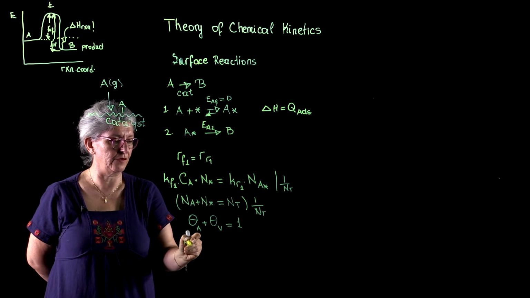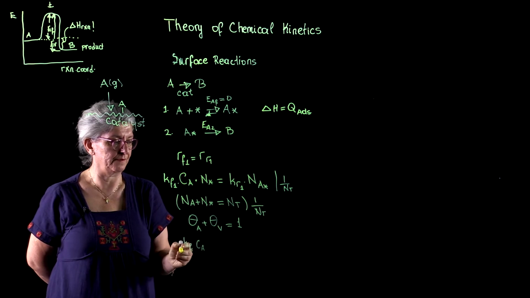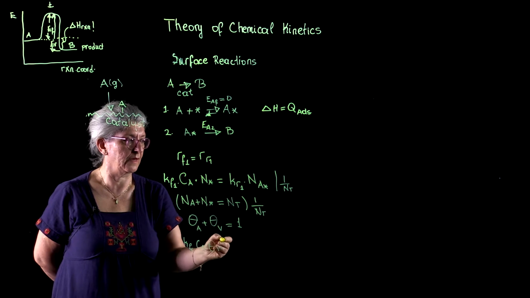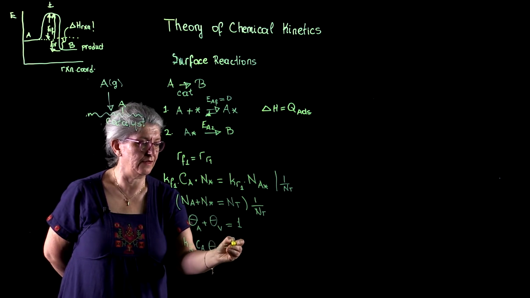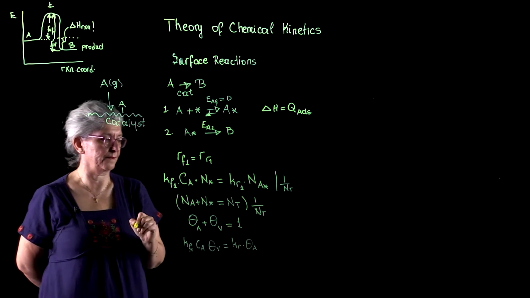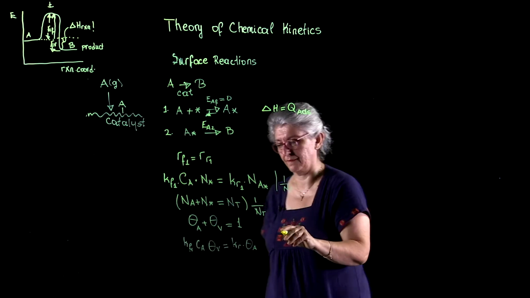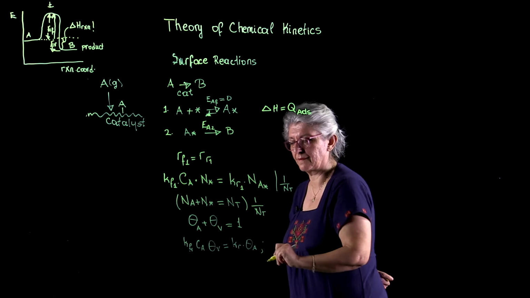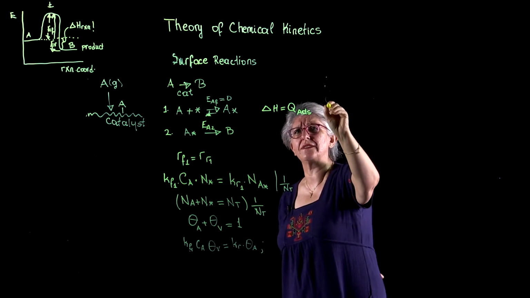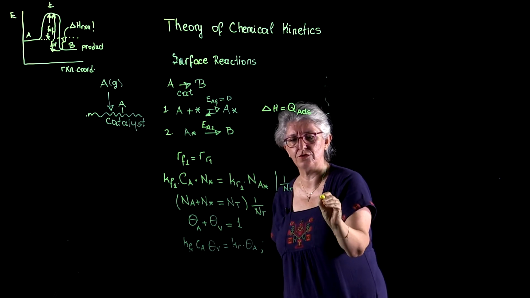I will have k forward 1, C A. Now I call this theta vacant, and this is k reverse, and this is theta A. I will do a little bit more algebra here. Let me divide this board so that you're not confused.